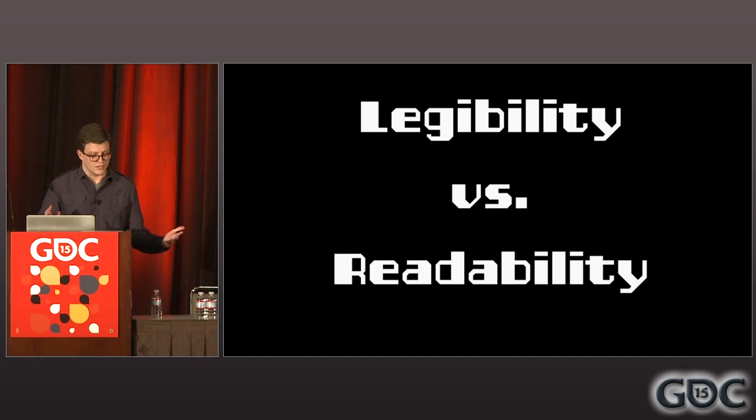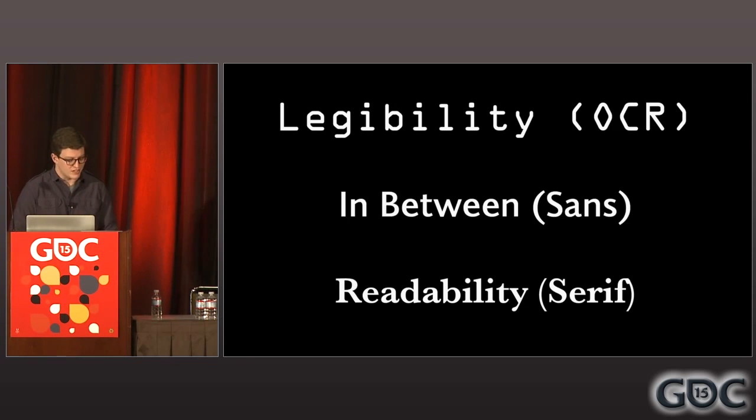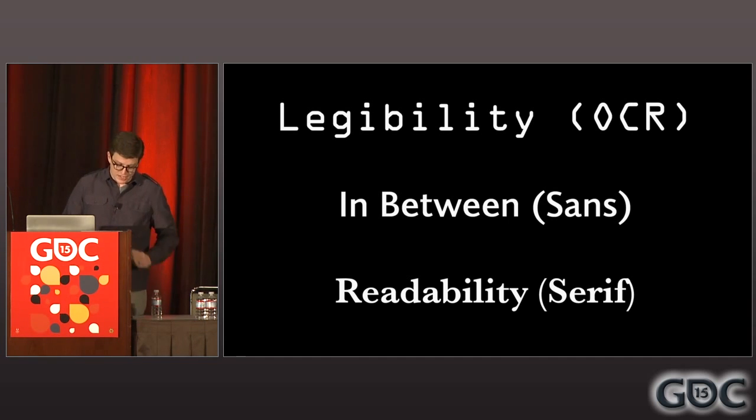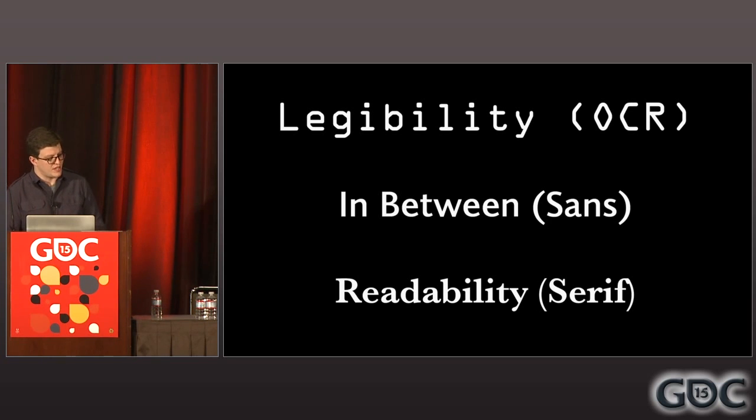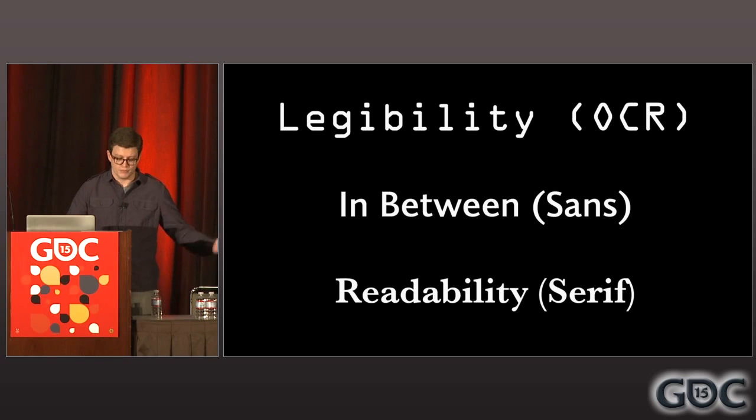Legibility versus readability. Legibility is being able to differentiate one letter from the next, like an eye exam at the optometrist, right? Readability is more about comfort. You read best what you read most. For example, OCR is legible, but not very comfortable to read. Sans serifs are usually easy to read for short periods of time, and serif typefaces are easiest to read in long form, like a book.